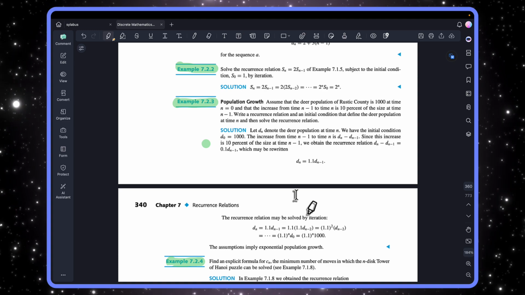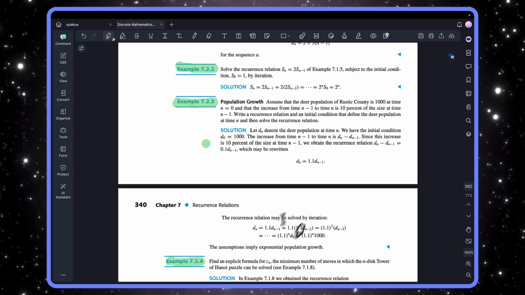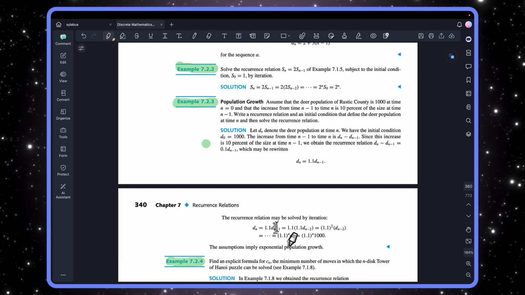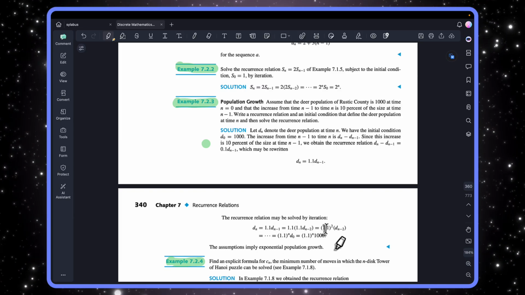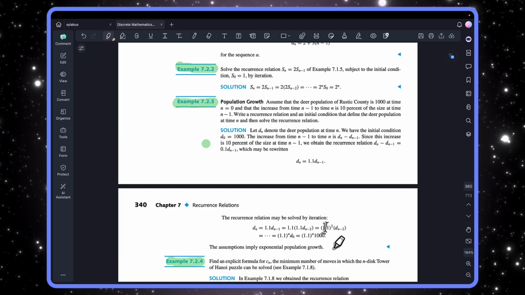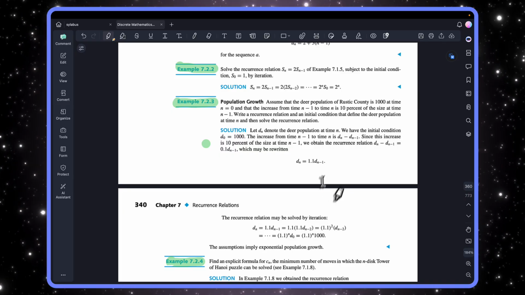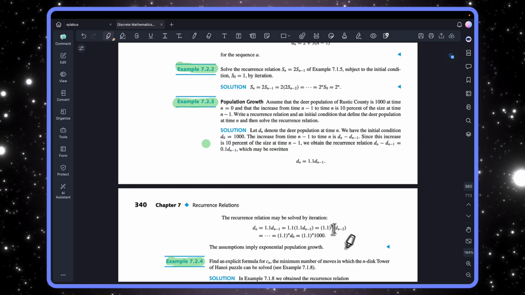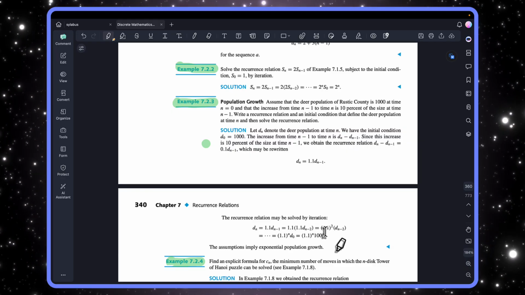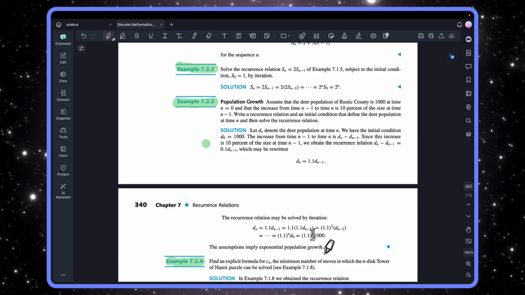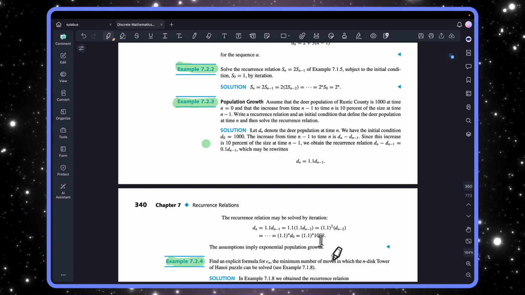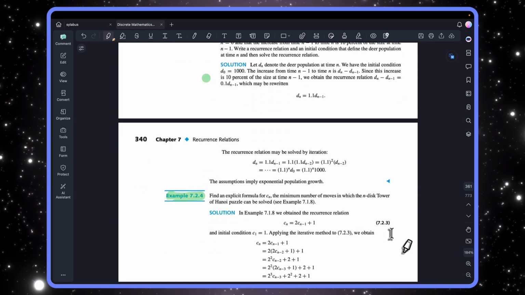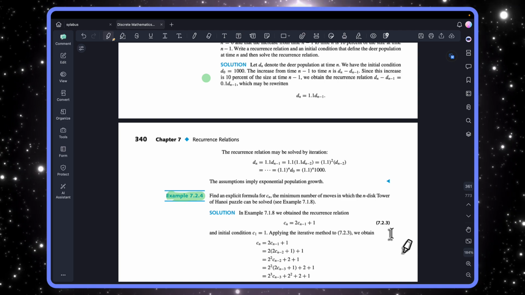You can always rewrite the term in terms of earlier terms, and eventually, if you're lucky, and the sequence is simple enough, easily defined in terms of very elementary operations, you can track it right back to where you can find it, like 1.1 to the n times 1,000, that sort of thing for population growth or investment growth, as we talked about last time.